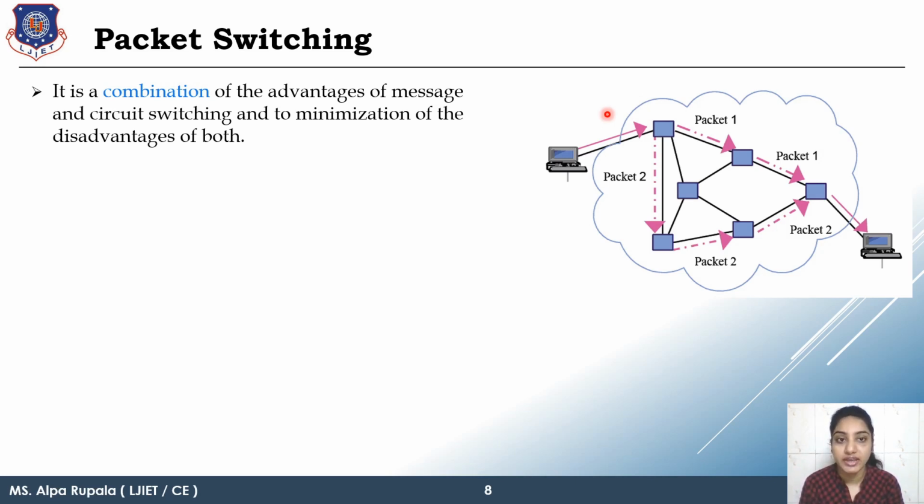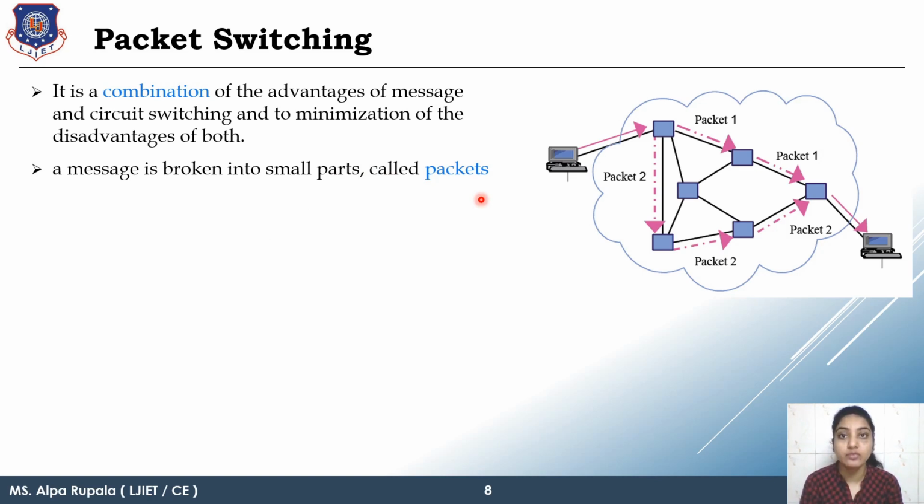But our data is divided into smaller data messages known as packets. That means previously your whole bunch of data was being encoded into Morse code and into one single message.